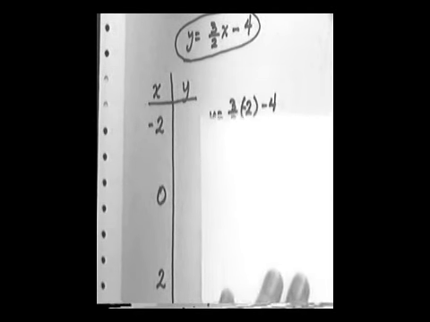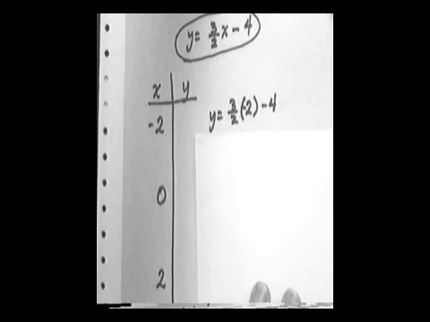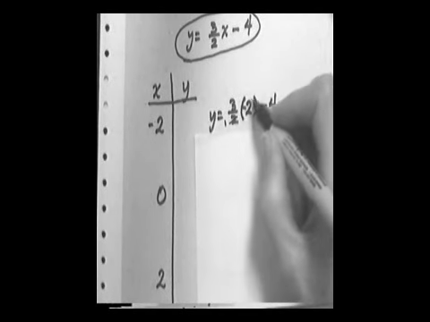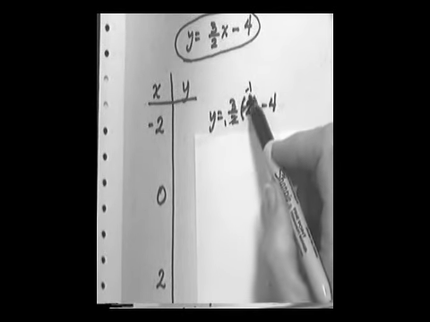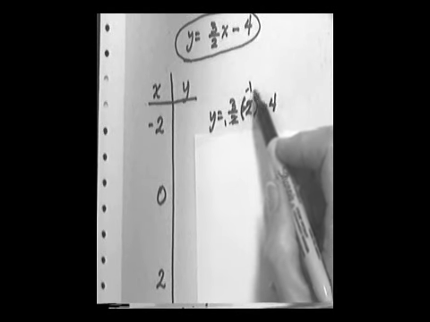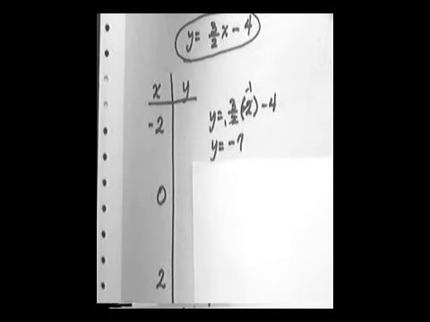So let's put in the negative 2, and we get y equals 3/2 times negative 2, subtract 4. As promised, the 2 denominator cancels, so that we get 3 times negative 1, subtract 4. 3 times negative 1 is negative 3. Negative 3 subtract 4 is negative 7.